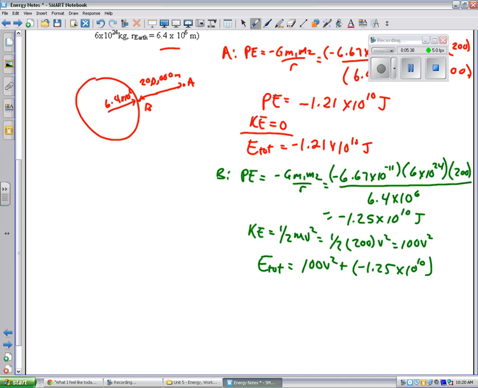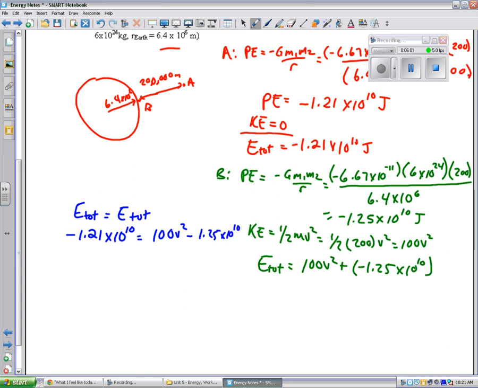Then setting them equal to each other, that gives me negative 1.21 times 10 to the 10th equals 100 v squared minus 1.25 times 10 to the 10th.